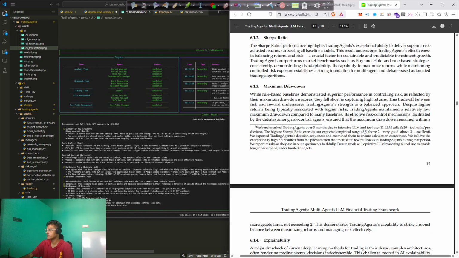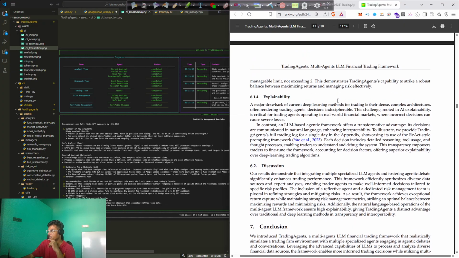But by the way, overall, they're saying that they have analyzed the data and the returns from the agent, and what they notice is that the high Sharpe ratio resulted from the few pullbacks in trading agents during that period.